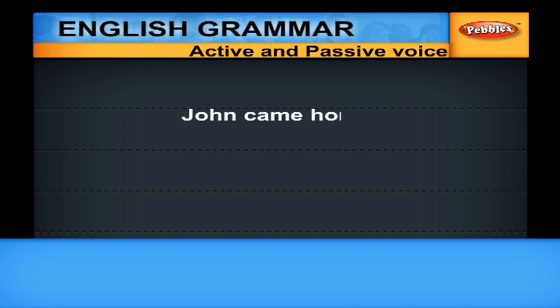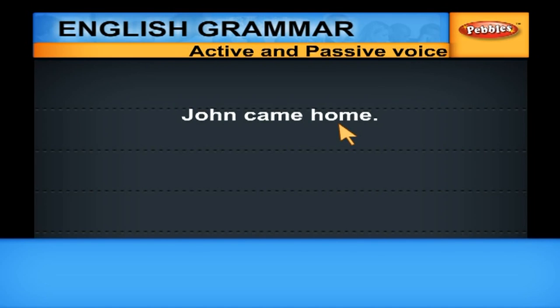Here is an example to understand better. John came home. The verb is came. It is followed by a noun, home, but home is not an object. John came what? Home does not answer the question what or whom.